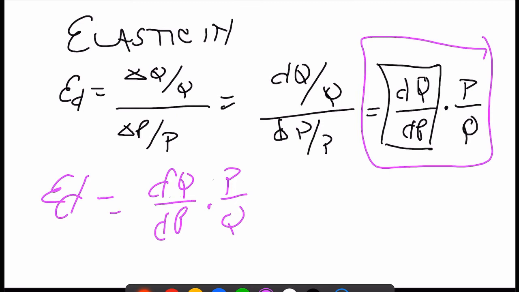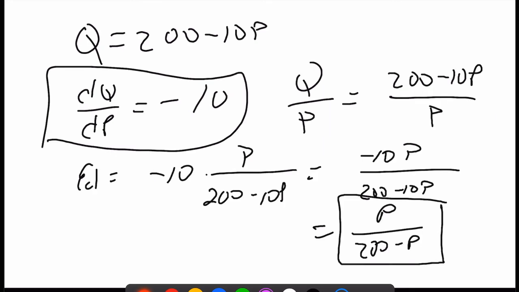That is a much better formula for elasticity because it's a point elasticity formula instead of an arc elasticity formula that we've used before. Is that exciting?